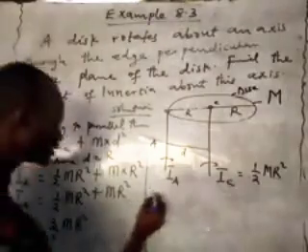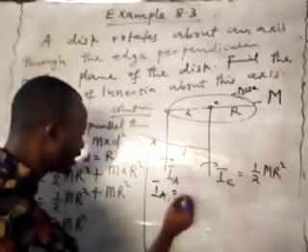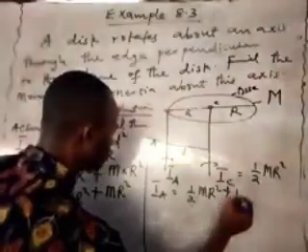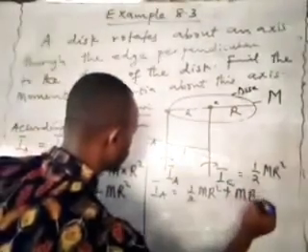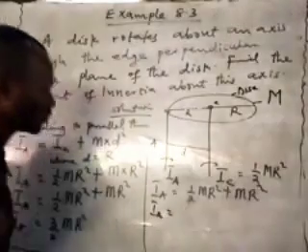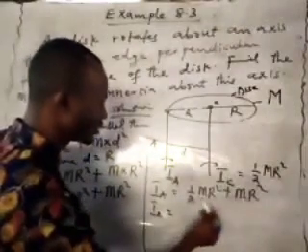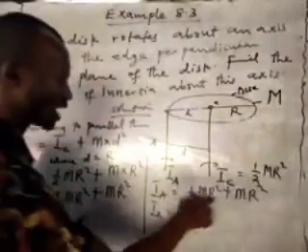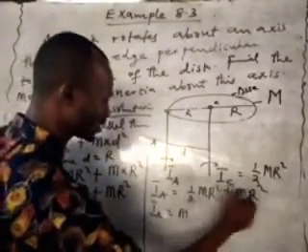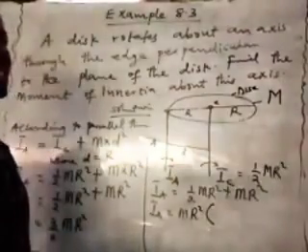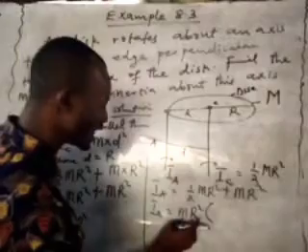But for those who didn't understand this, let us move back to our mathematics. What I have here is inertia about A is equal to half m r squared plus m r squared. Look at this. These two terms, what is common here? M is common, isn't it? We bring out m, and r squared is common, so we have m r squared. Now I can factorize by opening the bracket. I have taken away m r squared from here.